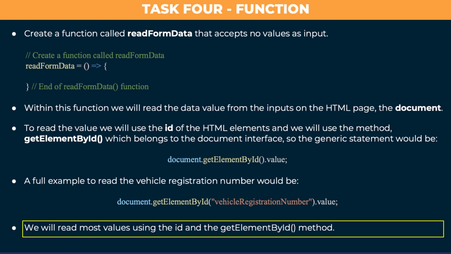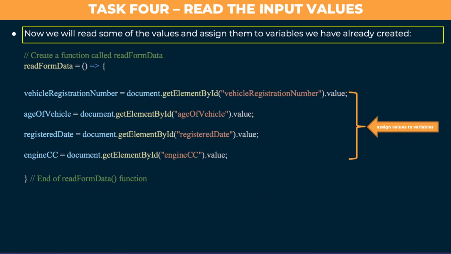Now we will read most values from our web page or from our document using the ID and the get element by ID method, but it's not the only method that we could use. So we will read some of the values and assign them to variables that we have already created.